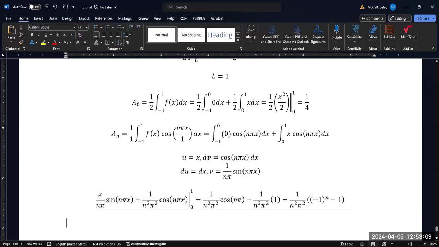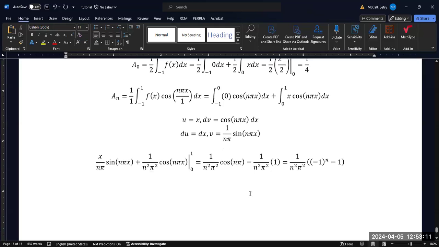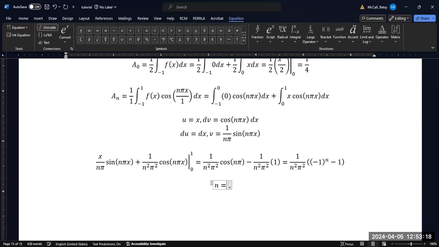And so I can't really leave it like that. I have to figure out what the rule is. So when n is 1, then this is going to be 1 over pi squared, and it'll be negative 1 minus 1, which will be negative 2 over pi squared.